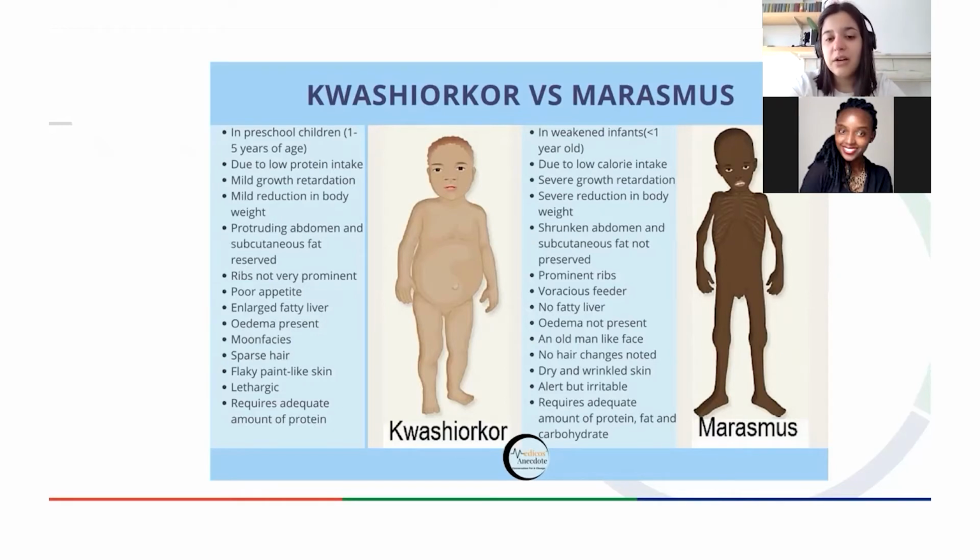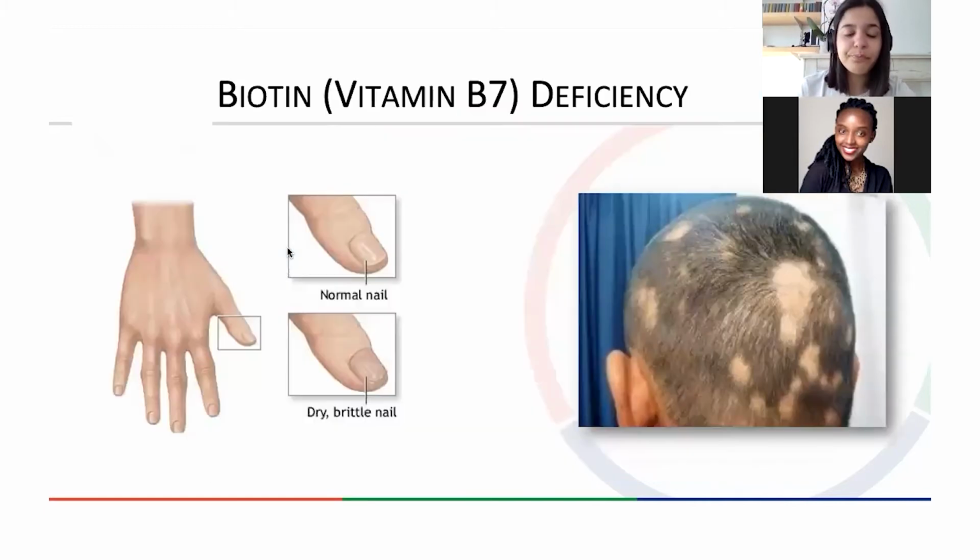There is no fatty liver whatsoever. There's no edema. And the children become very irritable. So they don't get lethargic at all. They get very hungry and angry as well. This means they not only require adequate amounts of protein, as in Kwashiorkor, but also the right amounts of protein, fat, and carbohydrates. So this is really an energy problem.